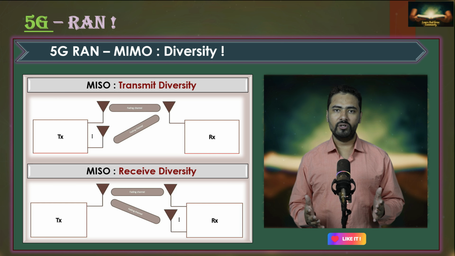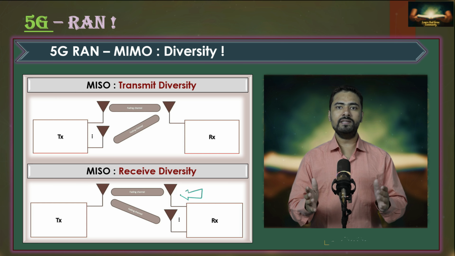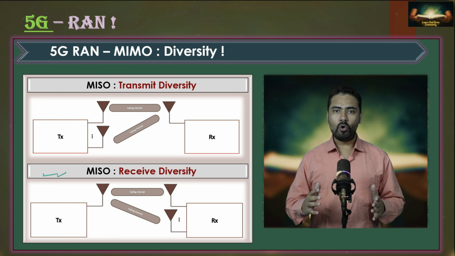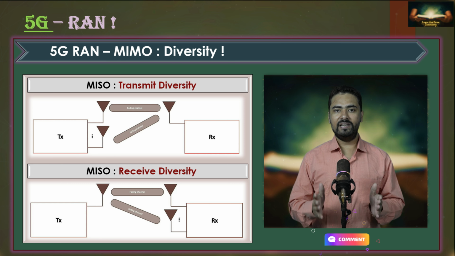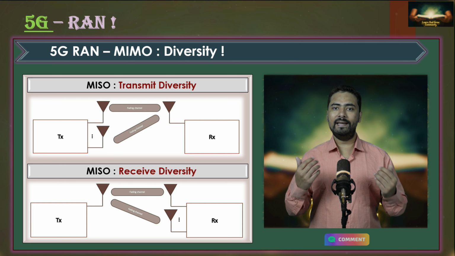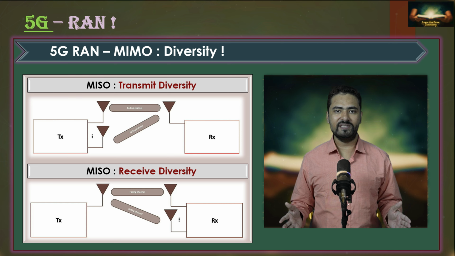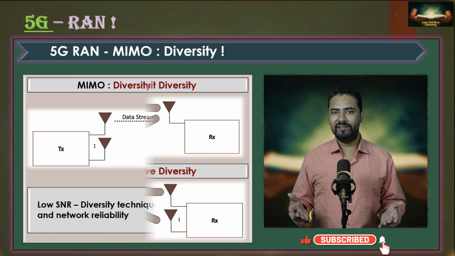In a similar fashion, if there is a single transmit antenna and multiple receive antennas, then we also achieve independent fading channels. This is called receive diversity, and it also enhances the received signal to noise ratio or SNR by combining the effects of different fading channels. In this setup, the signal processing occurs at the receiving end.